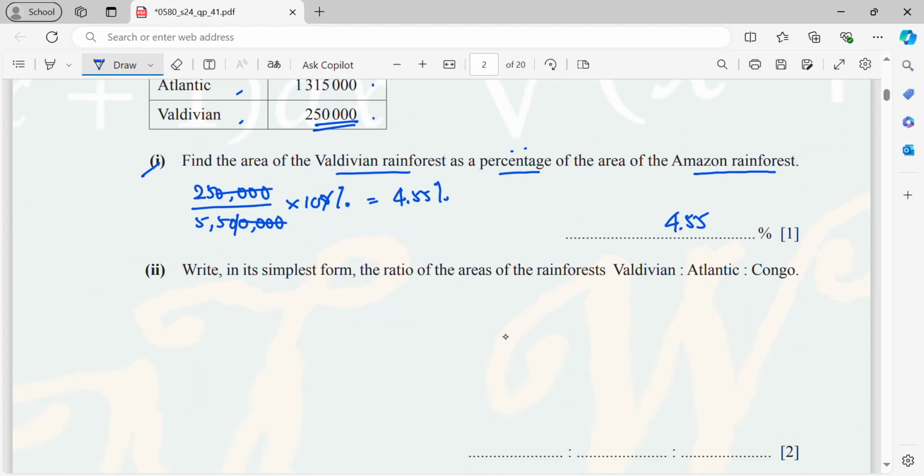Second part, write in the simplest form the ratio of the areas of rainforest Valdivian to Atlantic to Congo. So here, Valdivian, Atlantic, and Congo. Now just write down their area first.